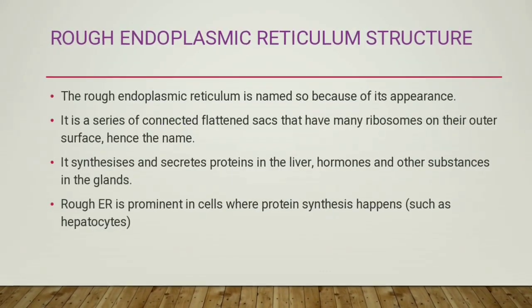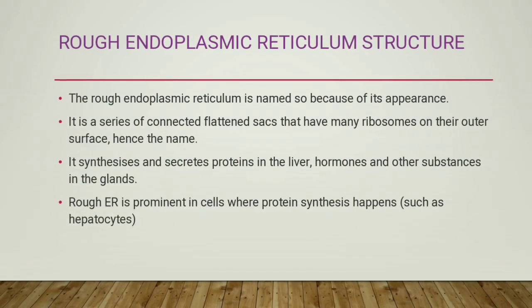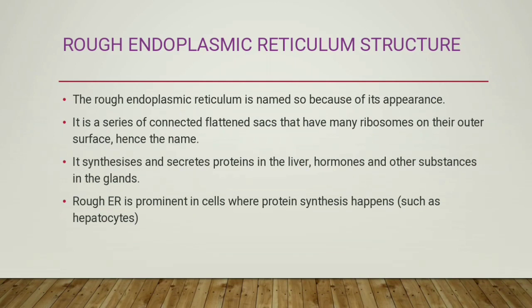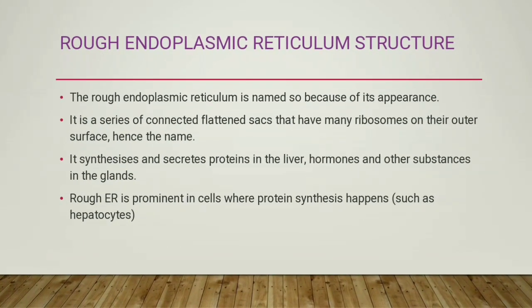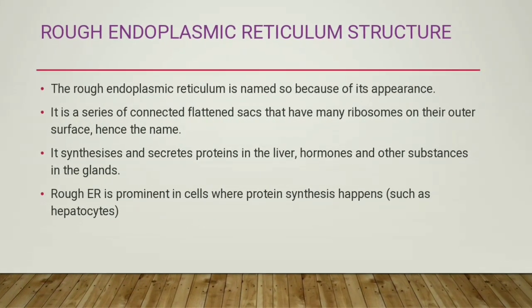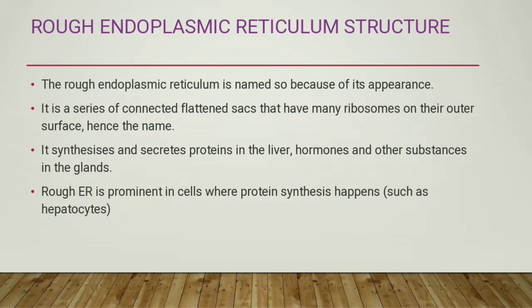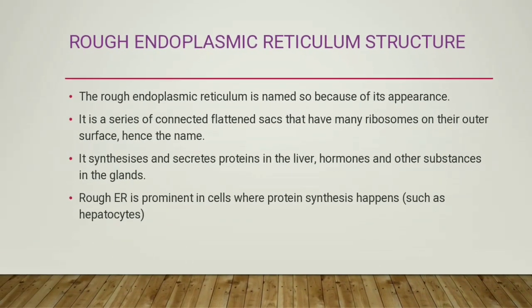As we discussed, rough endoplasmic reticulum is named so because of its rough appearance. It is a series of connected, flattened sacs, also called bags, that have many ribosomes on their outer surface. It synthesizes and secretes proteins in the liver, and hormones and other substances in the glands.